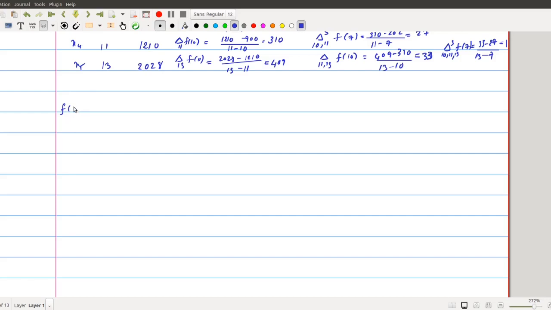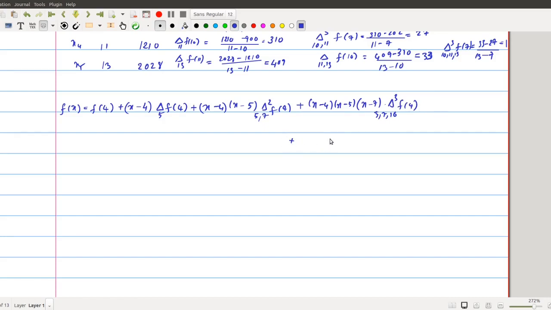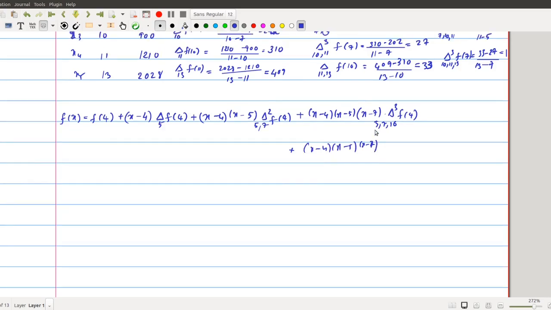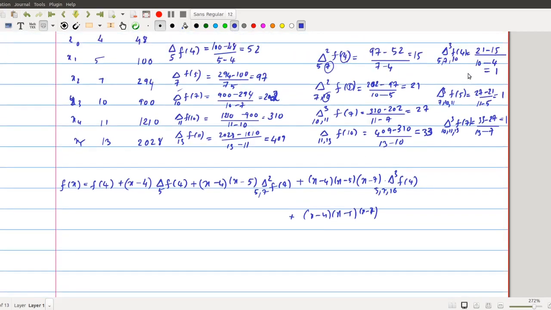So first we write f of 4, this is x0, plus x minus 4 into delta 5 of f of 4, plus x minus 4 into x minus 5, since x1 is 5, into delta square 5 7 of f of 4, plus x minus 4 into x minus 5 into x minus 7 times delta cube 5 7 10 of f of 4, and the fourth term will be x minus 4 into x minus 5 into x minus 7 into x minus 10. We have only third order here, so we need not worry about the fourth term.